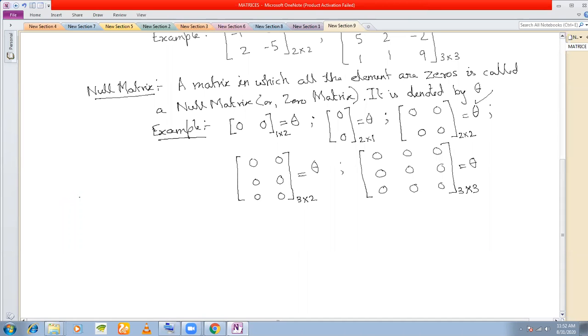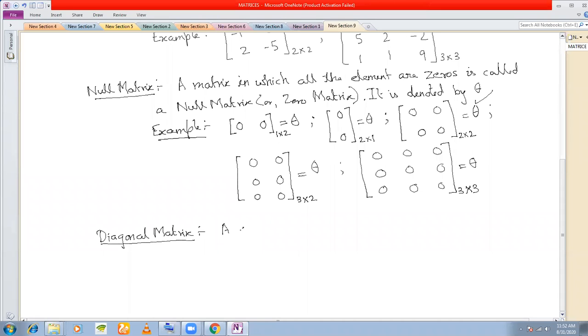Next what we come to is called the diagonal matrix. What is the diagonal matrix? A square matrix.